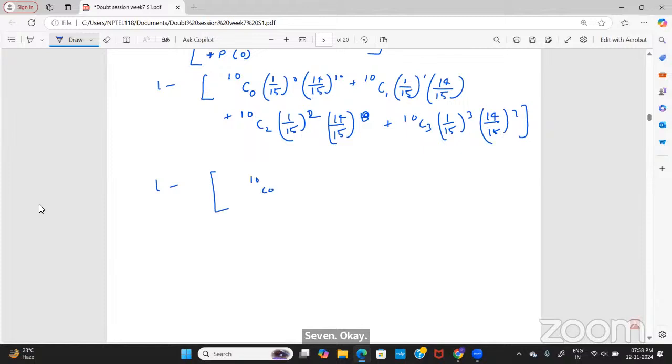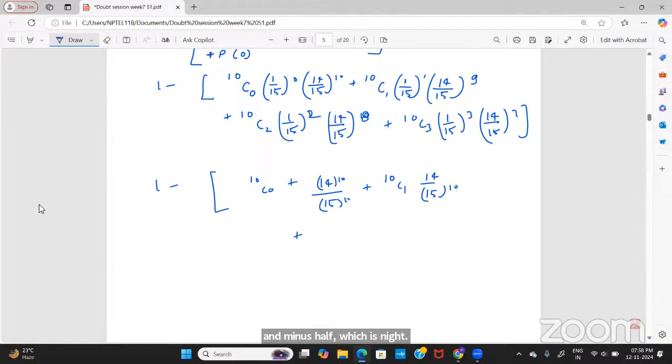10C0 times 14 to the power 10 divided by 15 to the power 10. Then minus r, which is 9, so 15 to the power 10.